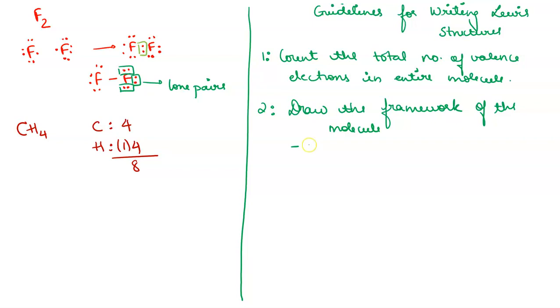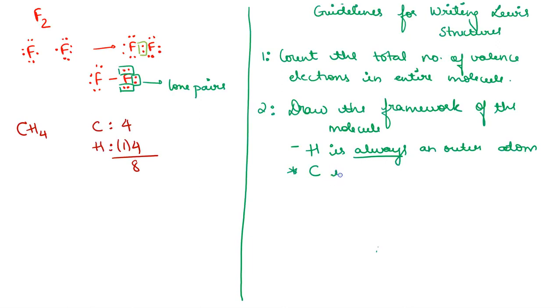First step is to always make sure that if you have hydrogens in your molecule, hydrogen is always an outer atom. Okay, kind of an unsaid rule is carbon is a central atom. Carbon loves being in the middle. Carbon does not want to be on the side, and carbon always loves 8 electrons around it.